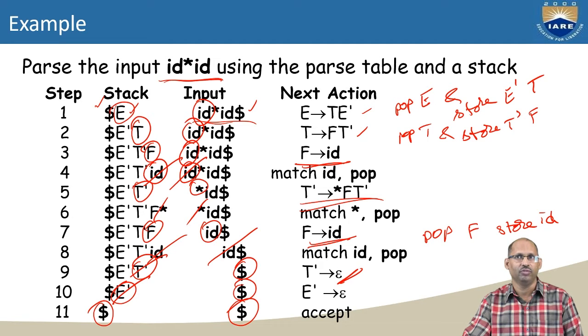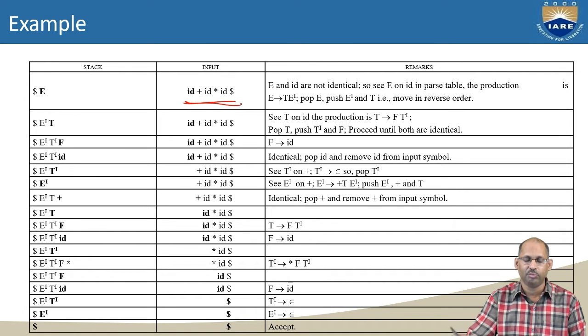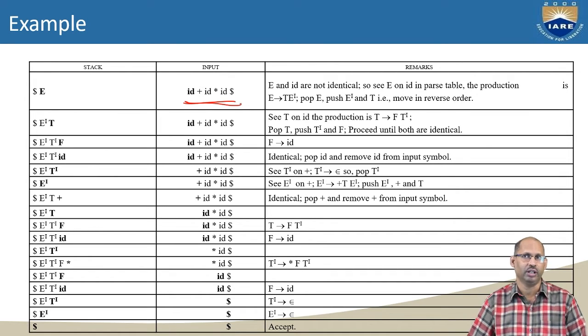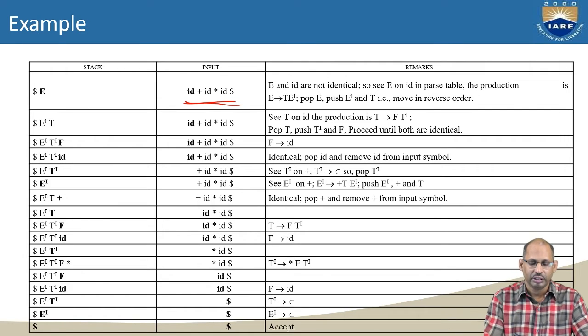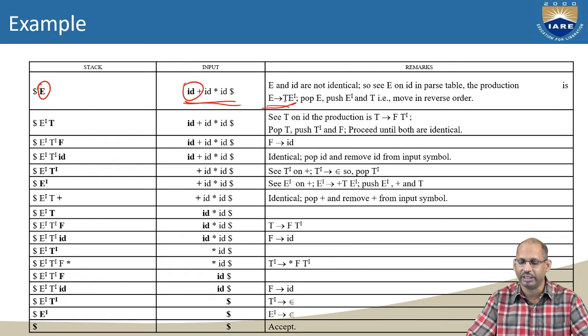Now we have considered ID into ID. Same parsing table we consider for this input: ID plus ID into ID dollar sign. So here first we considered E and ID. Right? Then the production in the table is E gives TE dash.